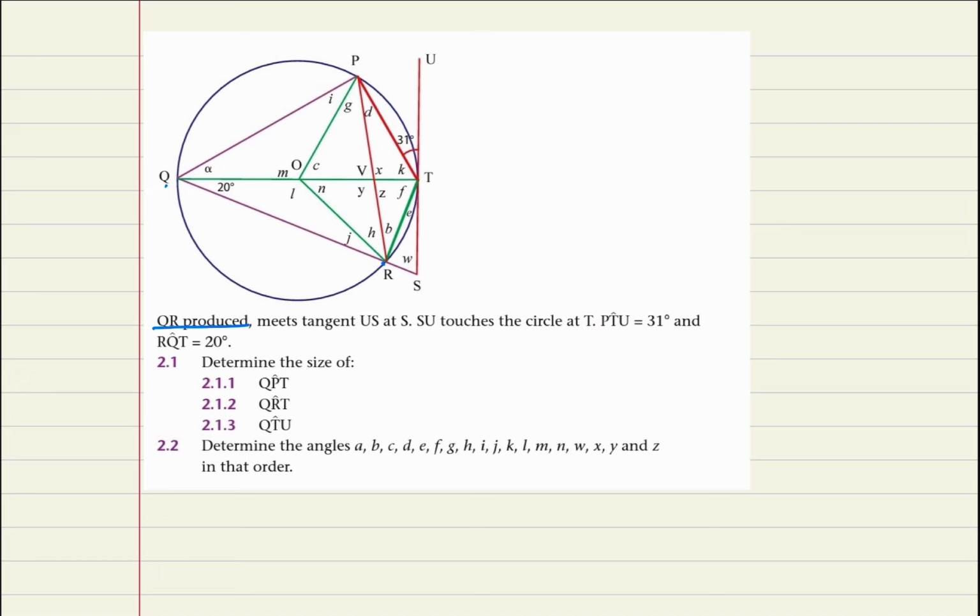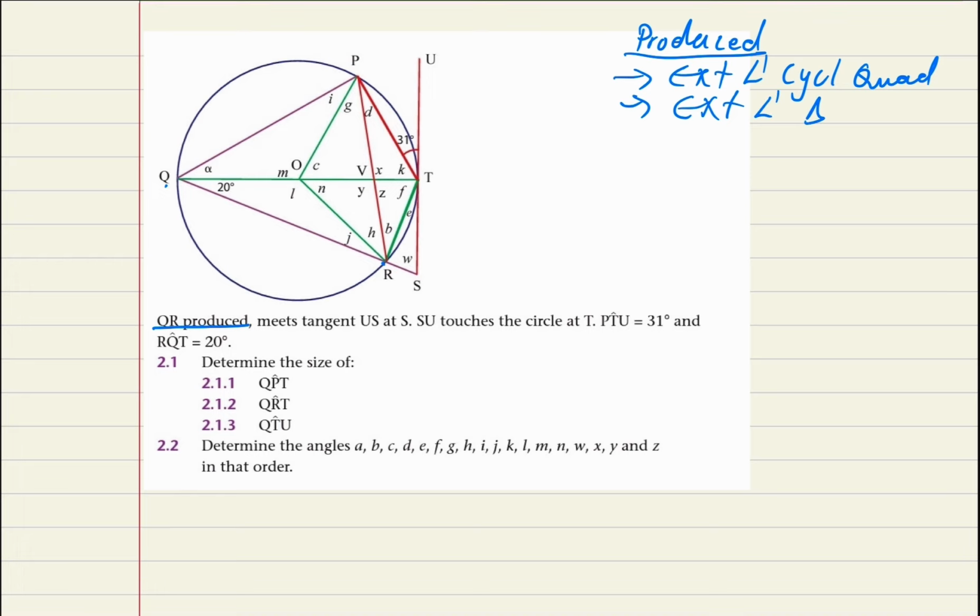Here is R. Guys, once you see the word produced, it's another keyword that tells you that there is, one, an exterior angle of a cyclic quad; two, an exterior angle of a triangle; and number three, it tells you about the angles in a straight line.